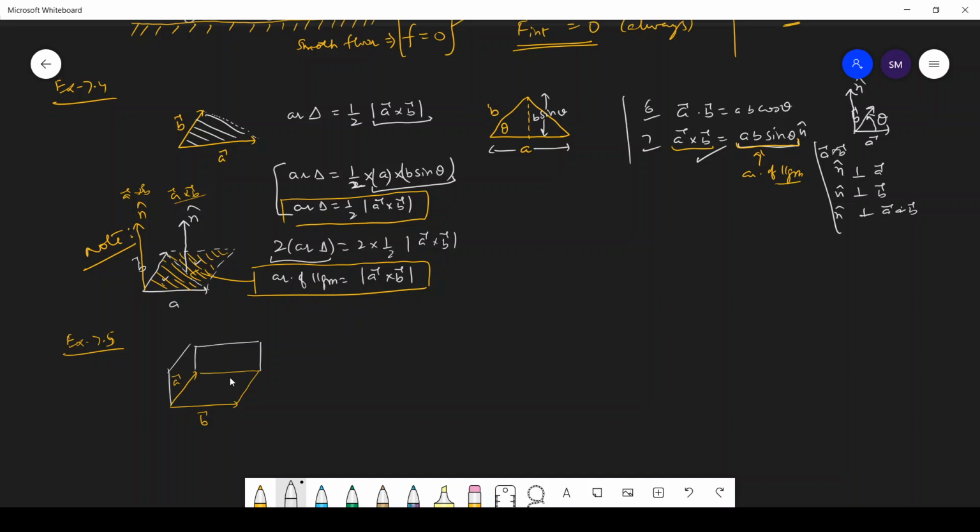This will also be tilted. How will we make this figure? This is parallel to A, and these two are parallel. So you can just assume this figure, the parallelepiped.